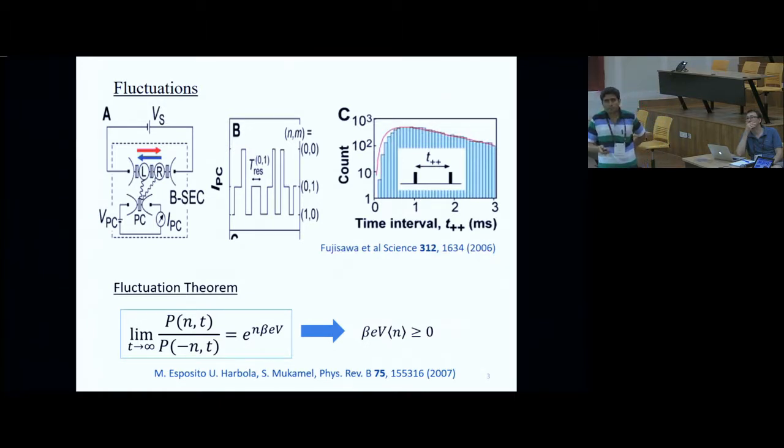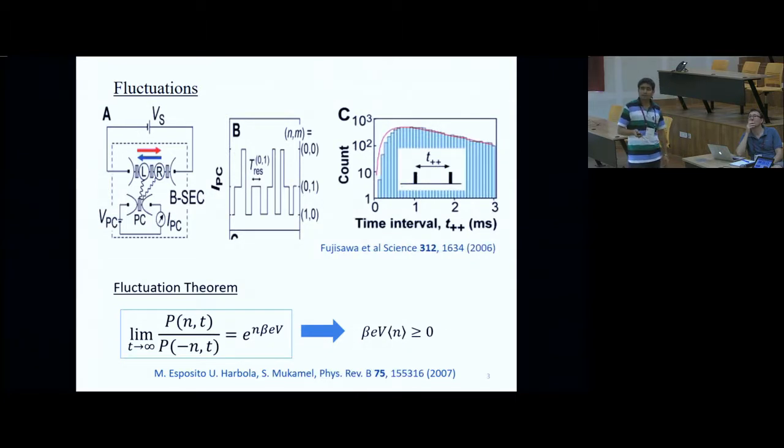this distribution shows some nice symmetries, which are known as fluctuation theorems, which are very general these days for any non-equilibrium system. And these ratios are generally related to this exponential quantity. N is the number of particles transferred during this time t from left to right. And beta is the inverse temperature, V is the applied bias. In general, these ratios are related to the entropy production in the system during the observation time.